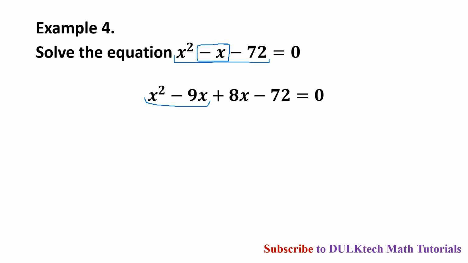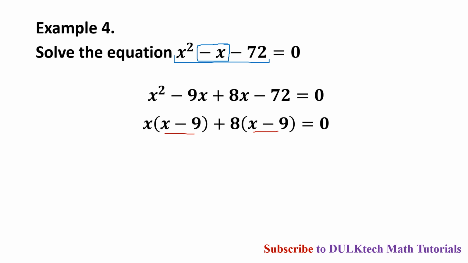And if we factorize the last two here, if we take out 8 there, we remain with x minus 9, and this is equal to 0. So we remain with something like this. Factorizing further, taking out x minus 9, we remain with x plus 8 in the other brackets. So it will be x minus 9 factor of x plus 8, which is equal to 0.